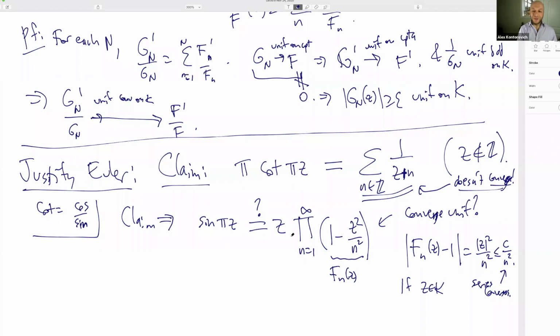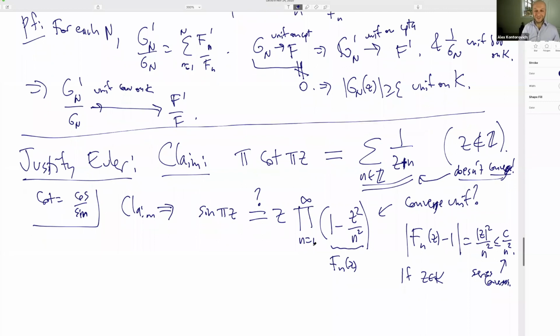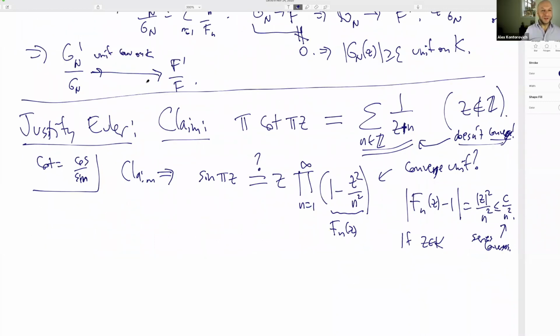And what we know about this infinite product is this. Let's give this a name. Let's call this P of z. So P of z converges. So P prime over P, I can do this term by term.